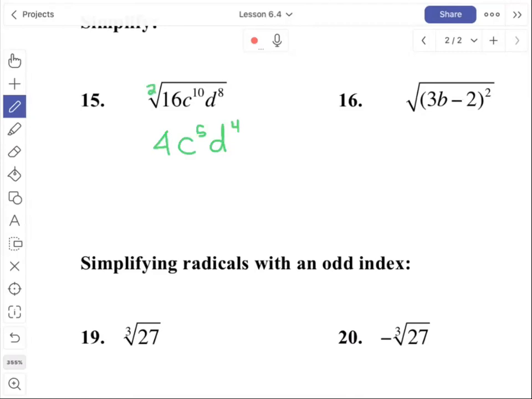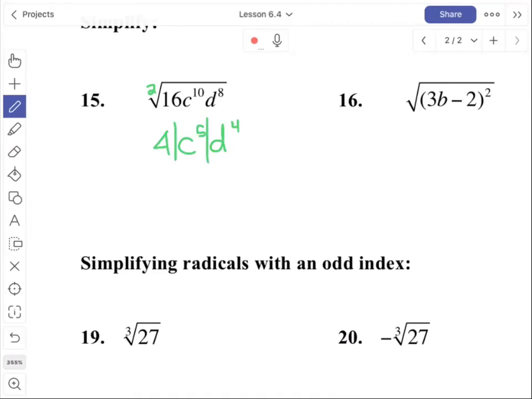So start by looking inside the radical. Do I have anything that starts even and ends odd? Starts even, ends odd. c to the power of 10. Good. That c started even with the 10 exponent and ended up with an odd exponent, 5. So that's why I need absolute value around the c.